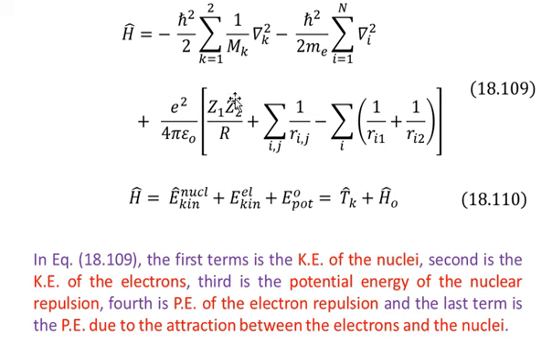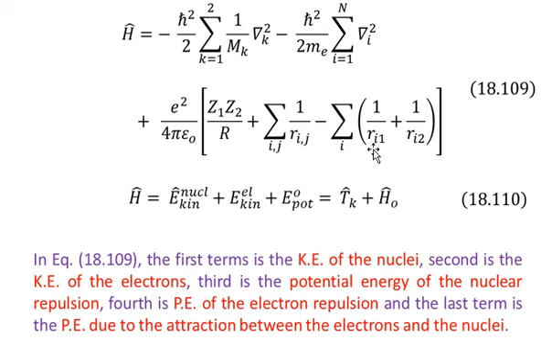The third term is the potential energy of the nuclear repulsion, that is Z1 Z2 over R. The fourth term is the potential energy of the electron repulsion; a positive sign stands for repulsion, and then there is a negative sign, and the last term is the potential energy due to the attraction between the electrons and the nuclei.